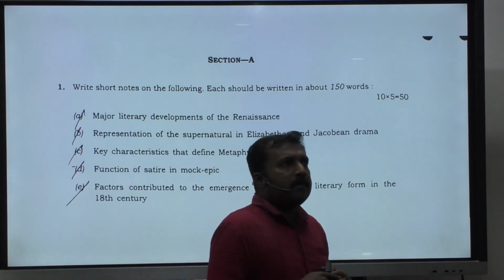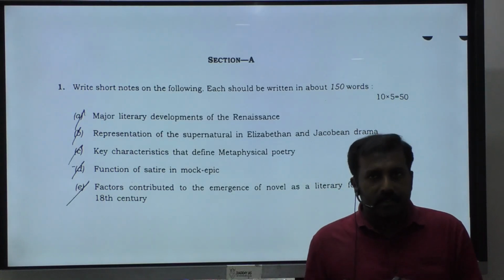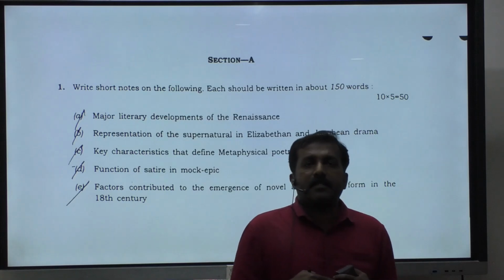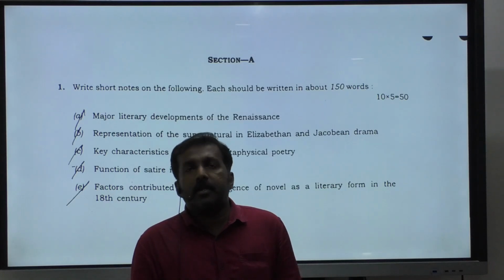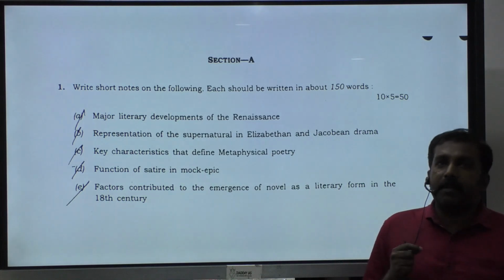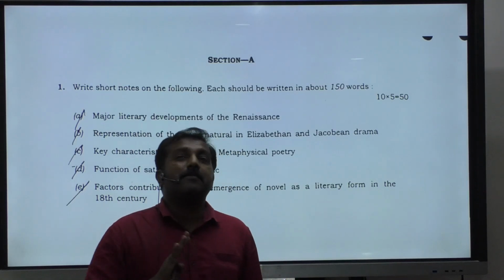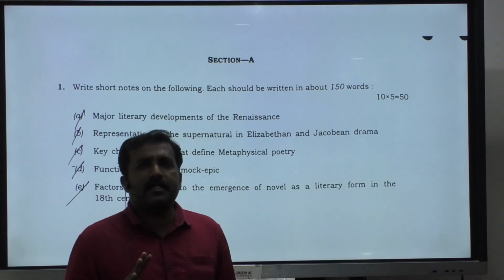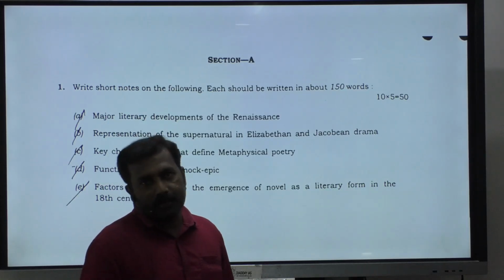We know that the question paper is divided into different sections. Generally, section A normally includes what? Literary movements. But when we analyze the paper 1 literary movement section, all questions are repeated. 100% we can say that all questions are purely repeated questions.